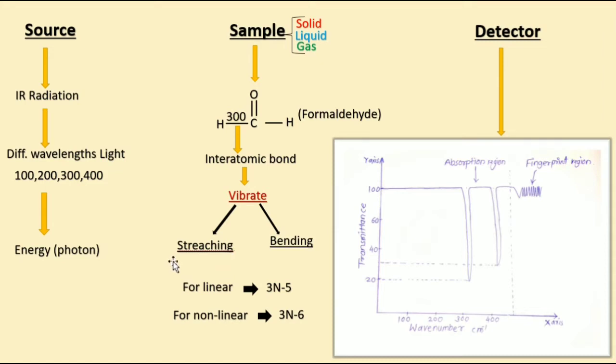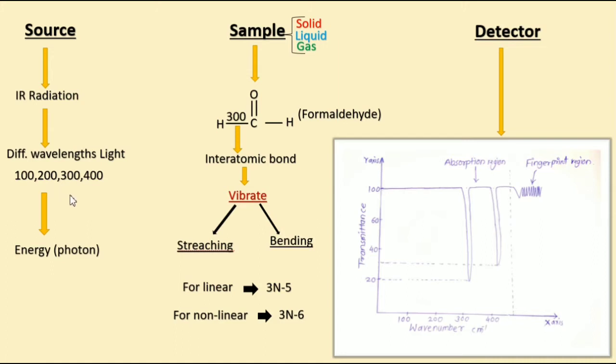As I mentioned earlier, IR is composed of a range of different wavelengths, and it is not necessary that the sample molecule absorbs light of every wavelength. It absorbs light of specific wavelengths. Suppose, for example, 100, 200 and 300 are the wavelengths of different light present here.